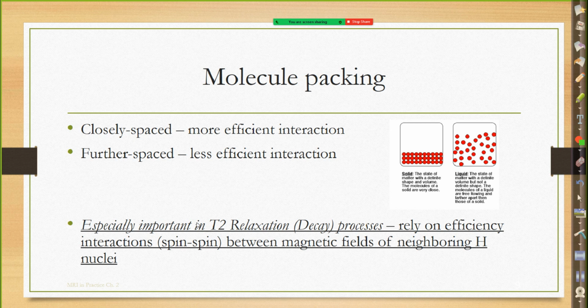But that's really the tissue that we're referring to. So this is especially important in T2 relaxation, also called decay, which relies on efficient spin-spin interactions between magnetic fields of neighboring hydrogen nuclei.